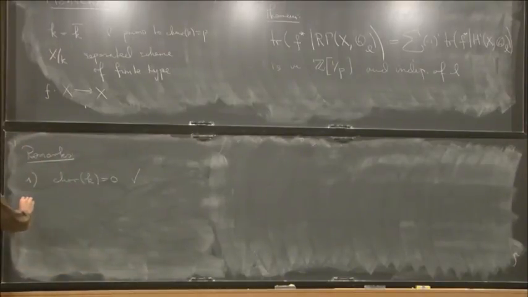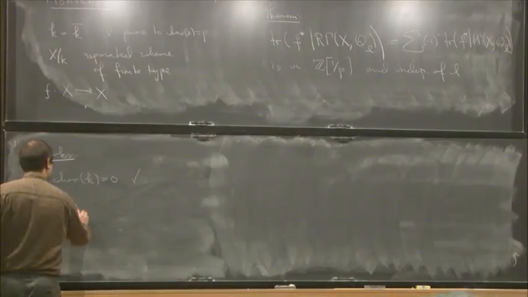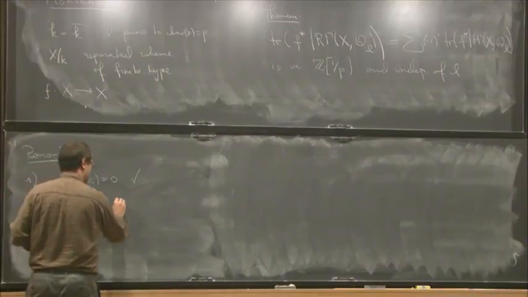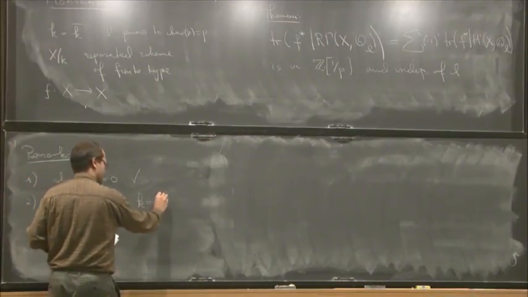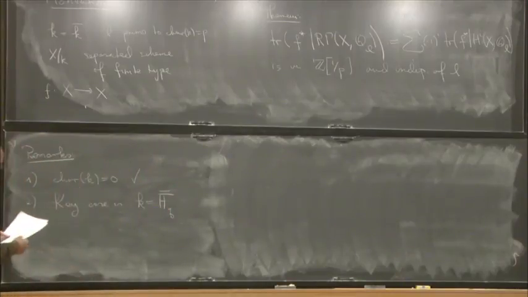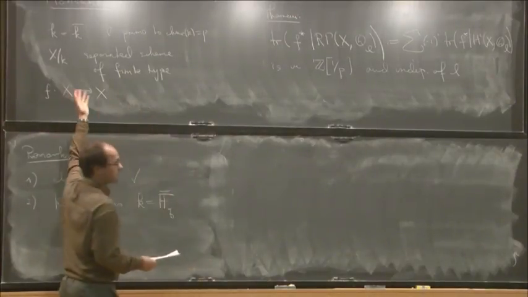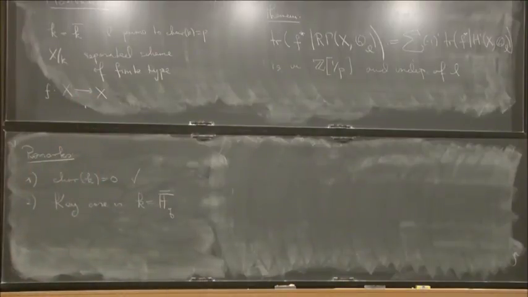And also by a spreading out argument, the key case is K is F_q bar, which for most of the remainder of the talk will be my assumption. I mean, this is a geometric statement, but it becomes important later to work over F_q.